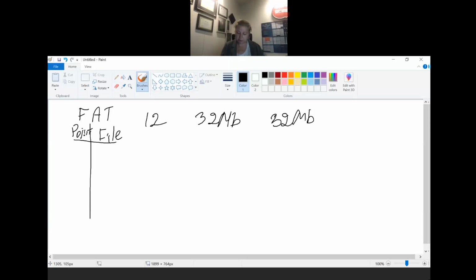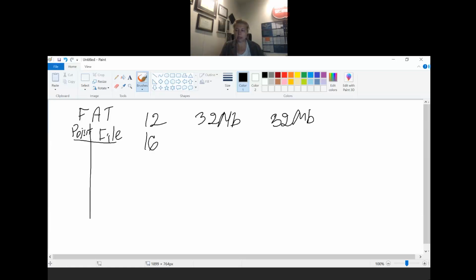Then came FAT16. FAT16 was used for quite some time. Even I remember when I was a kid, I was using FAT16 on my Windows 95 and Windows 98 systems.